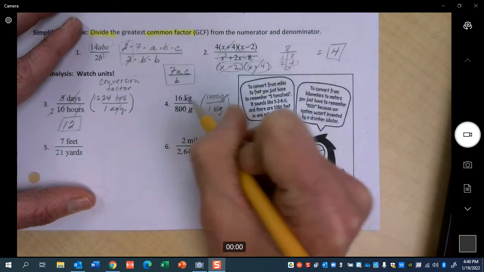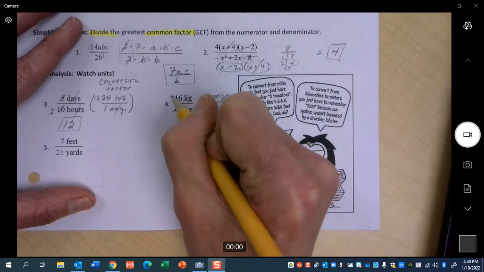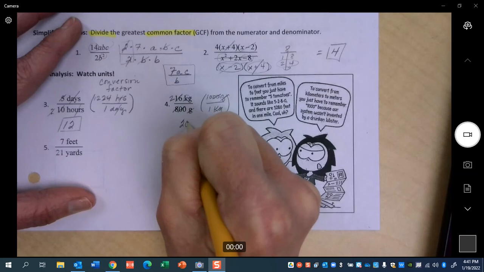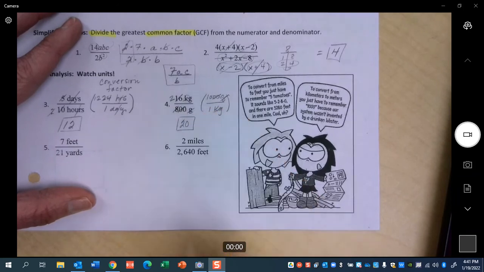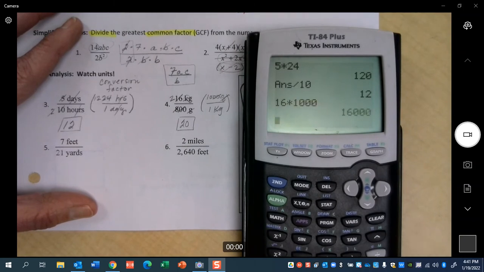I can divide out 100 out of both of these, and 8 and 16 go in twice. So 2 times 10 is equal to 20. This value simplifies to 20. Let's double check my math. 16 times 1,000 divided by 800. It's always nice when I get it right.